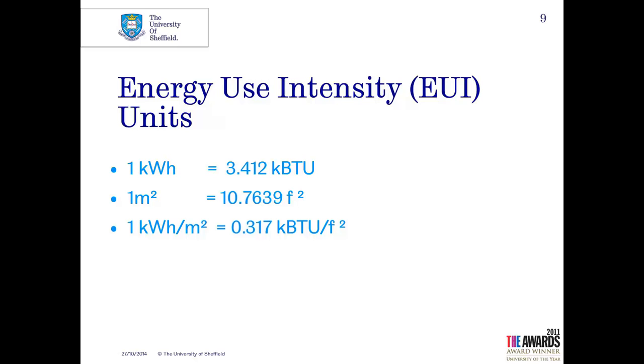In the United States, they're often still working in square feet, okay, but not in Europe. And then putting that all together, 1 kilowatt hour per square meter is 0.317 kilo British thermal units per square foot. So useful just to have those in mind whenever you're looking at a building.